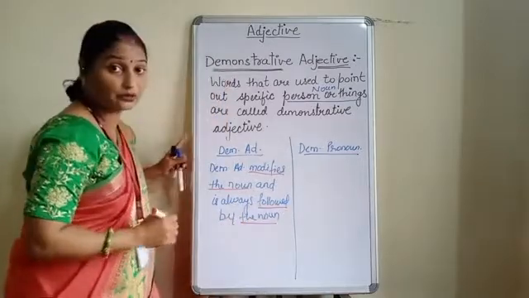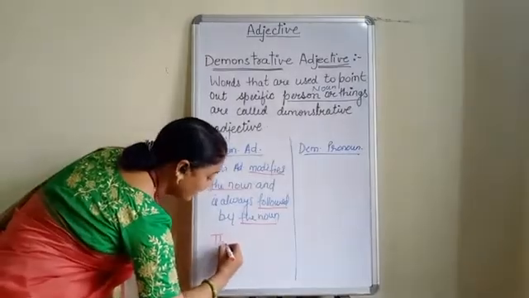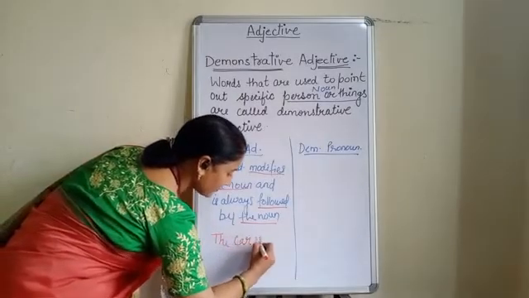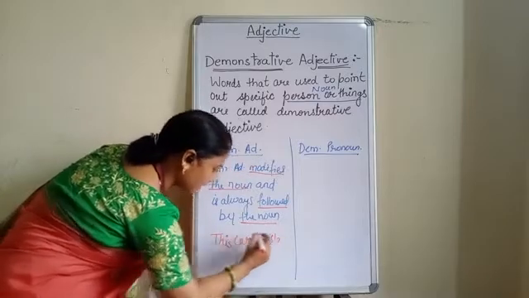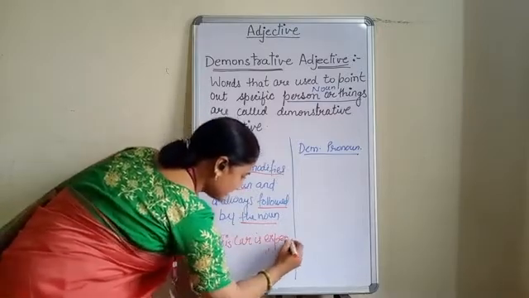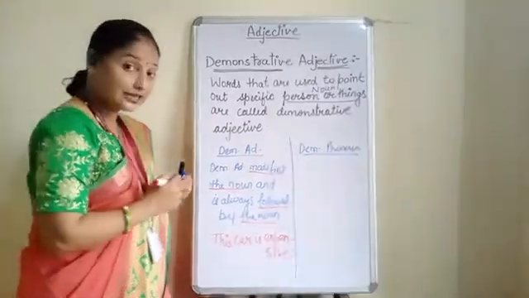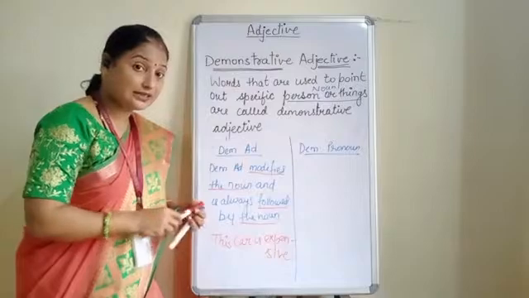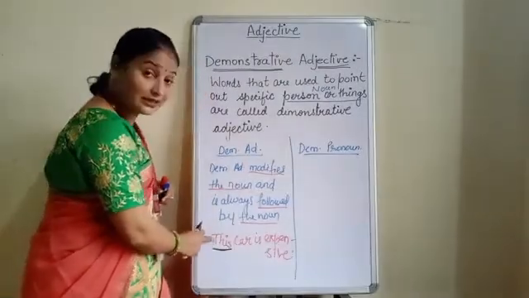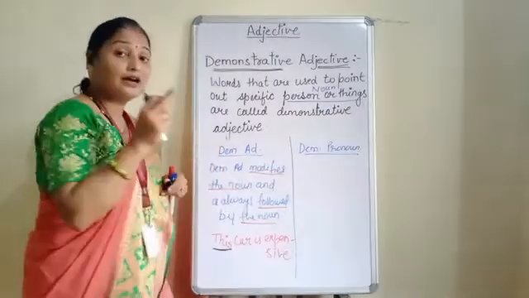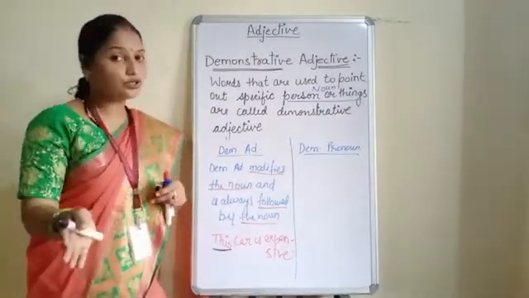Followed by the noun. Now see, suppose if I write one example, the car is expensive, or this car is expensive. Okay. Now see children, here you can see the word this. Now this is demonstrative. Clear? Because it is pointing out to the car.